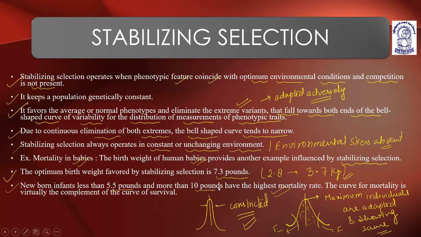The example is the infantile mortality rate: babies having less than 5.5 pounds of weight or more than 10 pounds of weight are eliminated, and babies having around 2.8 to 3.7 kgs, that is 7.3 pounds of weight, are considered to survive.